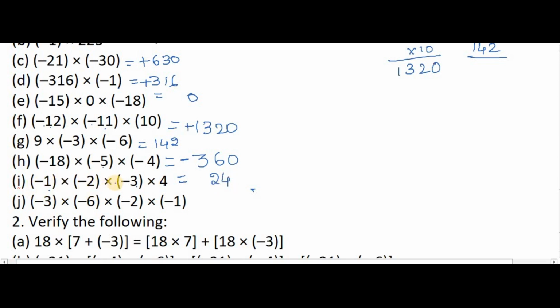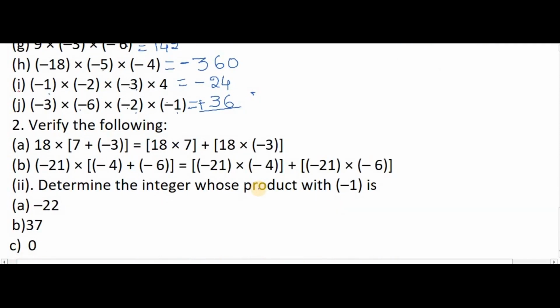Minus into minus plus, plus into minus minus. 3 6s are 18, 18 2s are 36, 36 1s are 36. Minus into minus plus, plus into minus minus, minus into minus plus. Okay students, is it okay for you all? Very good. Now we'll move on to the second question.